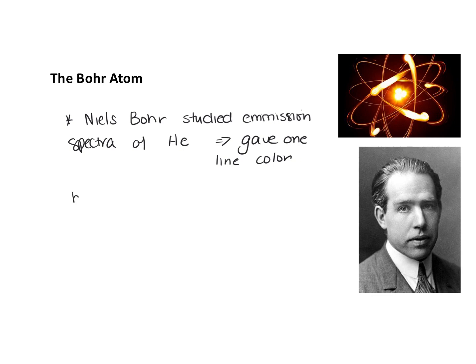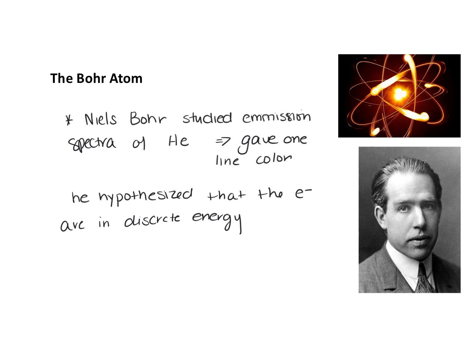And so he hypothesized that the reason it did this is because the electrons, which I'm going to abbreviate as e minus, are in discrete, which just means individual, energy levels. And there's, of course, a picture of Niels Bohr.